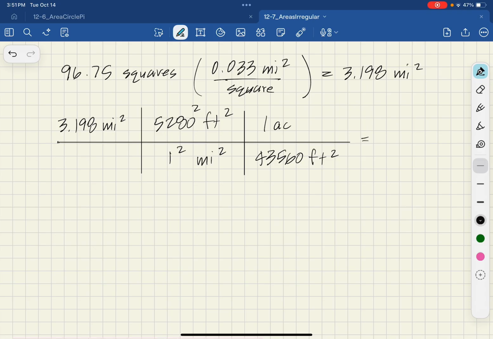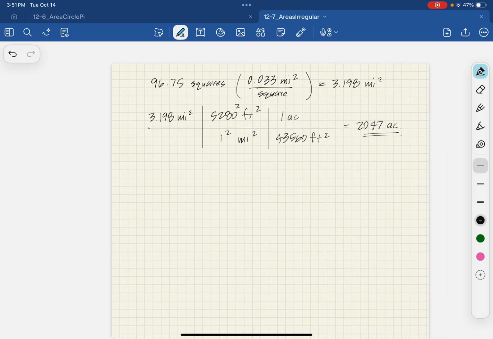I'll take the 3.198 times 5280 squared and divide by 43,560, and I get 2,047 acres in our estimate. So about 2,000 acres on that island.